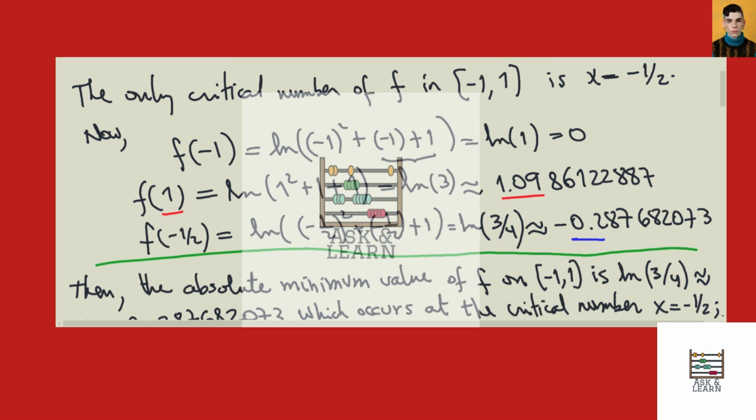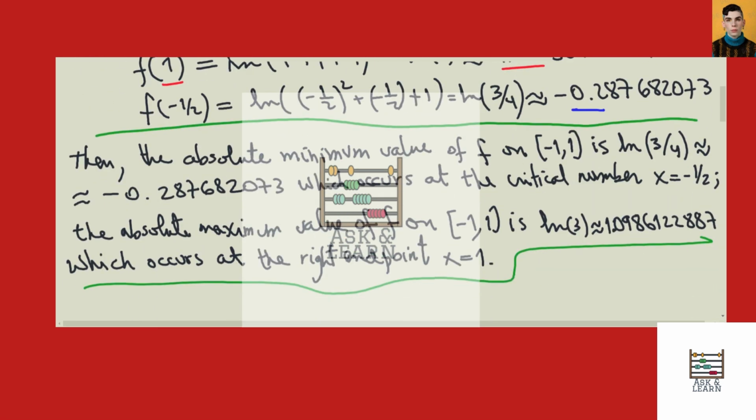The smallest of these three values, the absolute minimum, is natural logarithm of 3/4, attained at the critical number -1/2. And so this is the final answer to this problem.